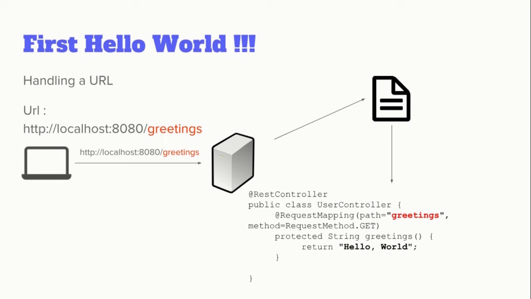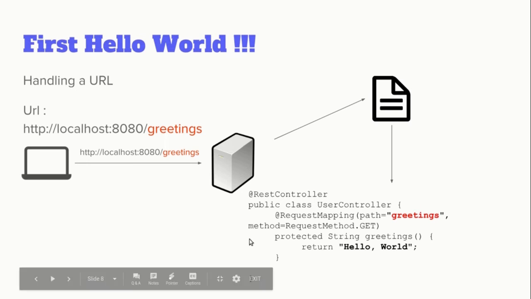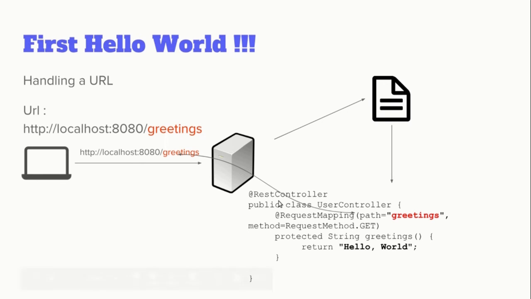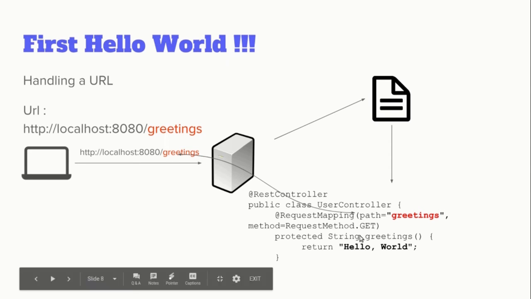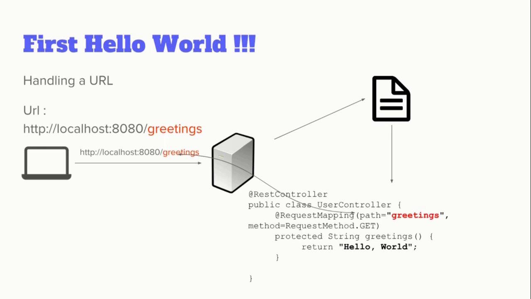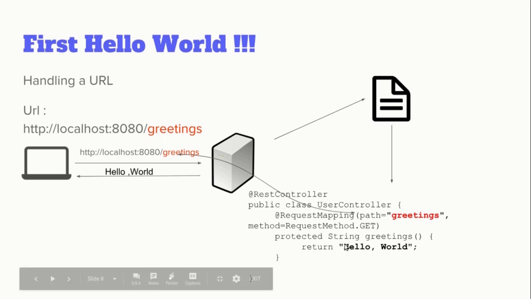Here in this class, which is UserController, we have a few annotations like @RestController and @RequestMapping. @RestController is annotated above the class and @RequestMapping is over the method which is intended to handle this greetings request. You see this greetings, which is the incoming request, is mapped to this method inside the UserController. Once it receives such a request for which the mapping is present, all it does is return you the response, which is nothing but Hello World.